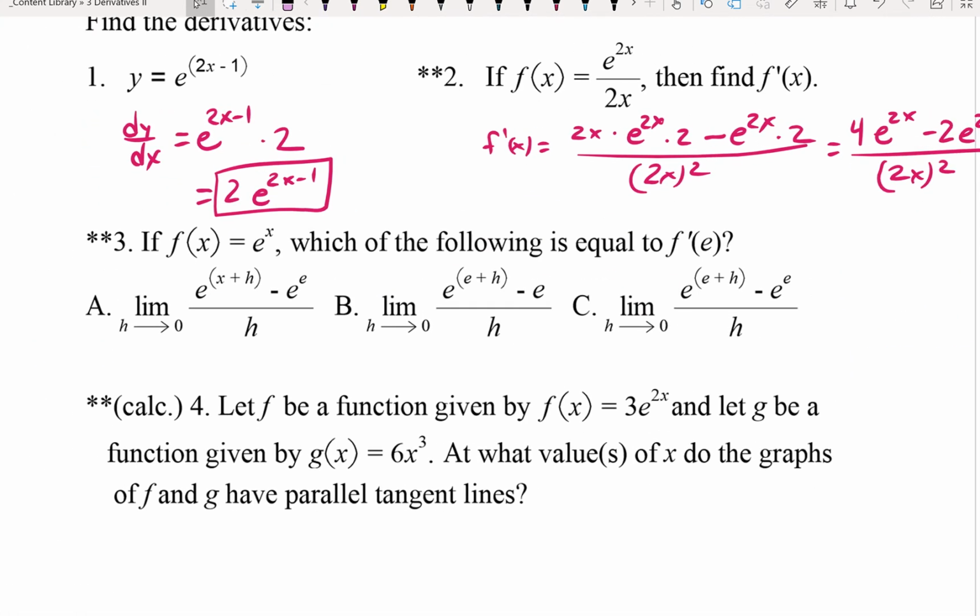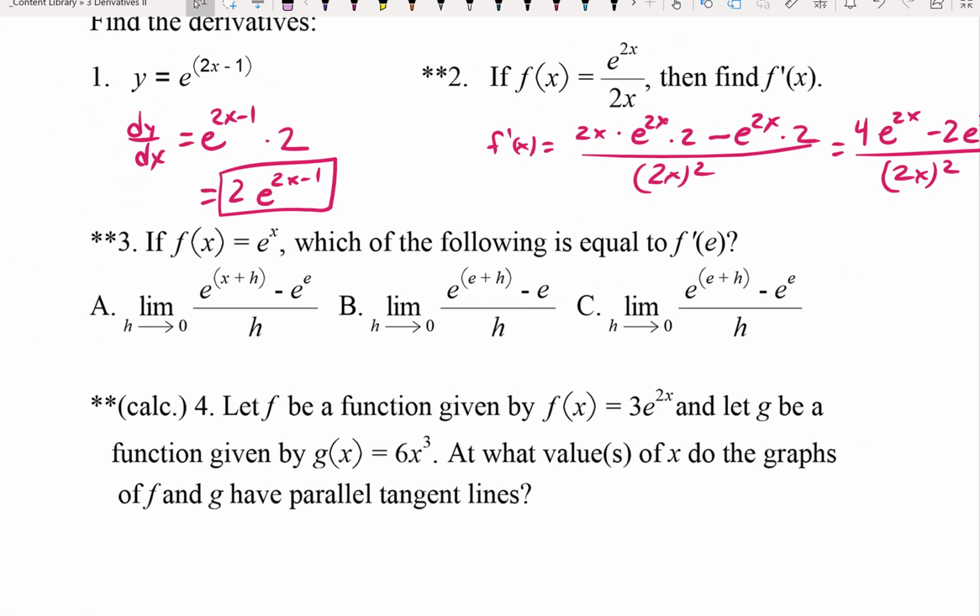Which of the following is equal to f prime of e? Well, we know by the limit definition of the derivative that d dx of e to the x, the derivative of e to the x, is the limit as h approaches 0 of f of x plus h minus f of x all over h.